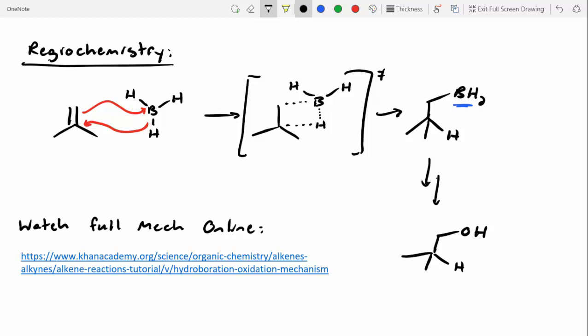So in hydrohalogenation, it's a two-step reaction, right? First step is forming your carbocation, and then your nucleophile adds in. This goes straight to your alkyl borane in one step, meaning no intermediates are formed. So in that case, sterics matters a lot more.